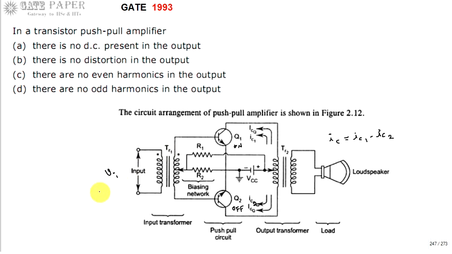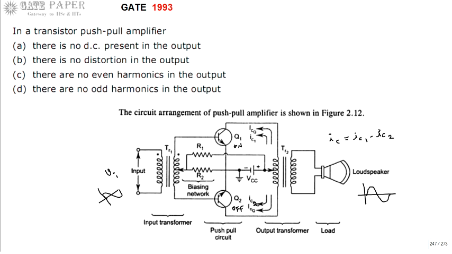If you apply a sinusoidal signal and the output consists of the same sinusoidal signal, that is without distortion, and you get the same frequency at the output. But here the output gets distorted, because of transistor non-linearity or other circuit elements.